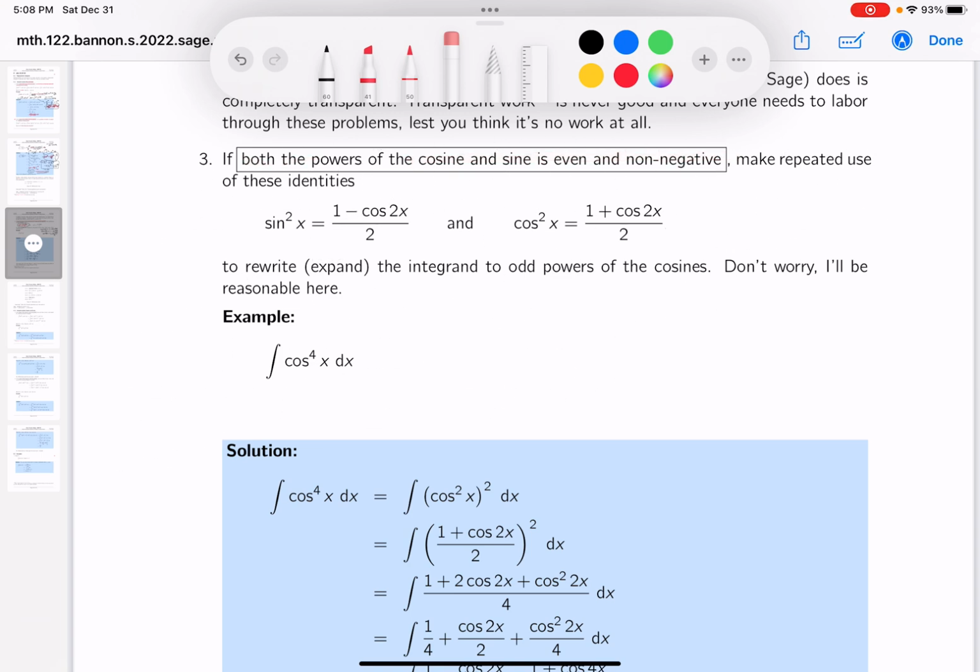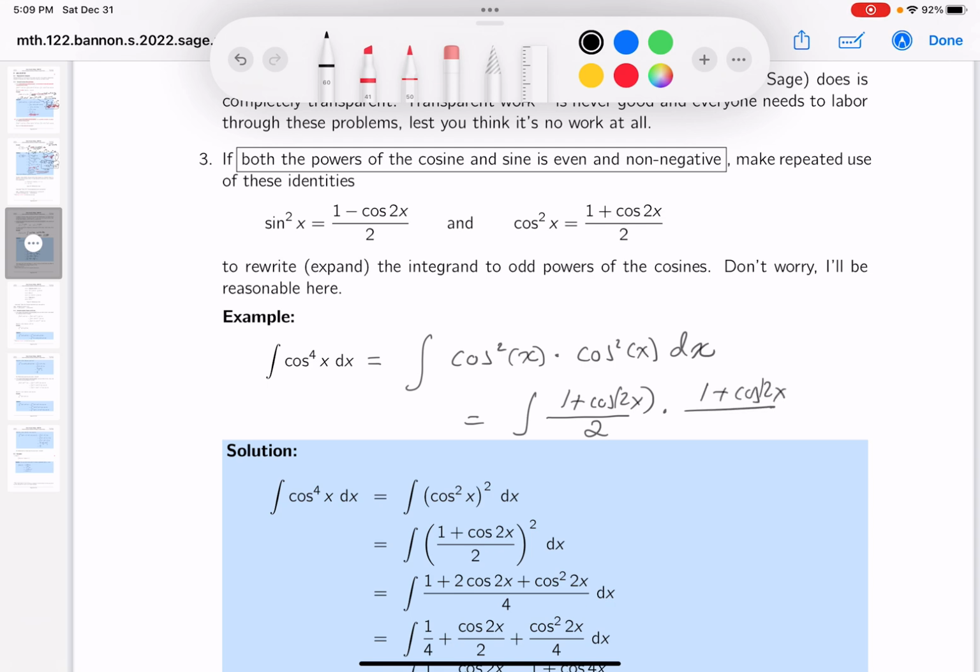So let's take a look at an example, and we have one right over here. Let's write it down. And what do they want to do? Well, I'm seeing cosine squared, but I'm seeing it twice. And what's their recommendation? To use those formulas. Let's write that down. So I get 1 plus cosine 2x over 2 times 1 plus cosine 2x over 2.